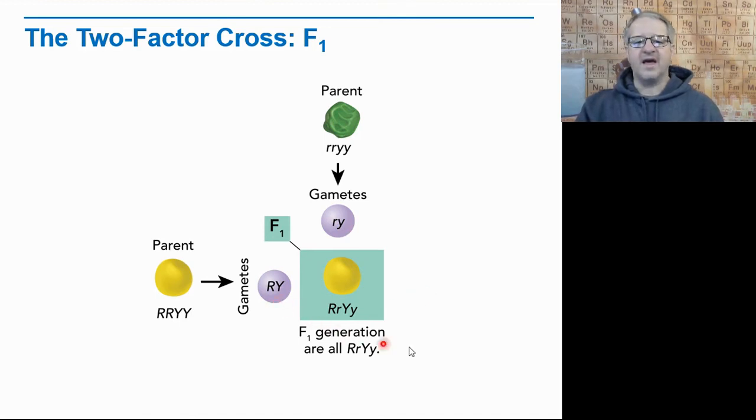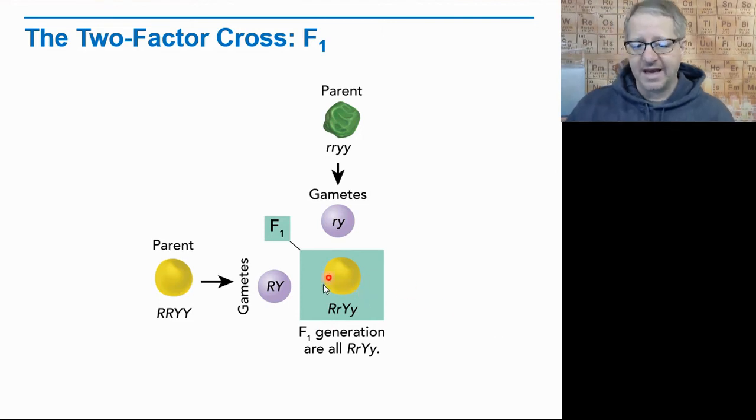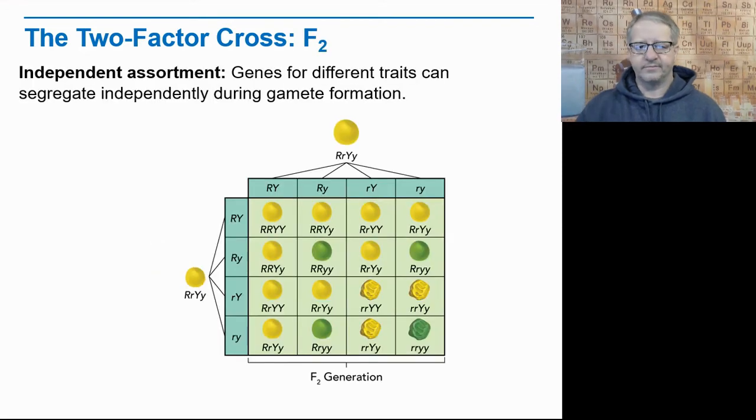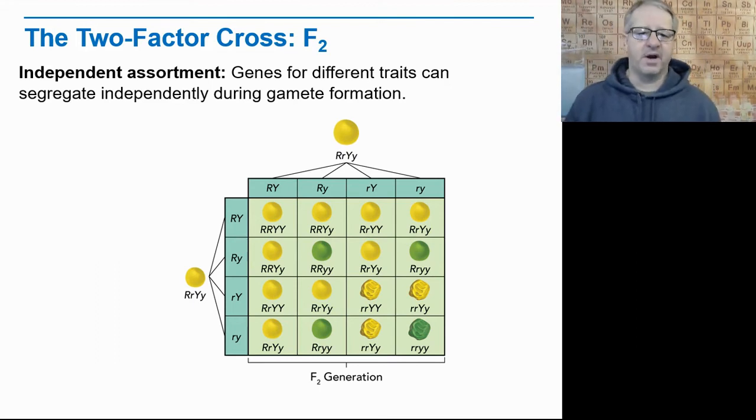All right, so what would the offspring be for the F2 generation? So the F2 generation would be taking two of the F1 generation and running a Punnett square for those. You would have to do a dihybrid cross Punnett square. All right. So if you look at this dihybrid cross Punnett square, can you find the homozygous recessive offspring?